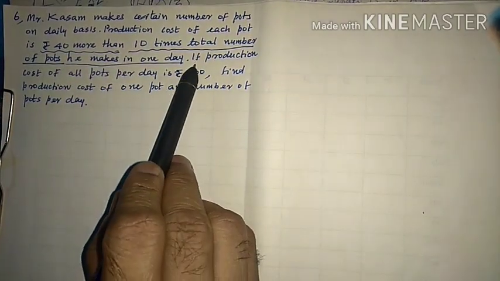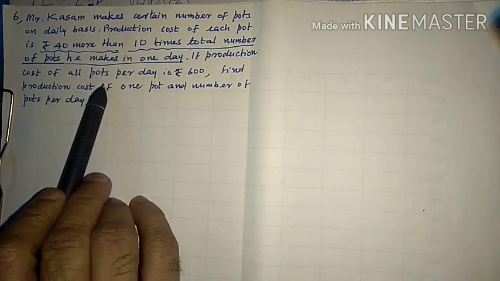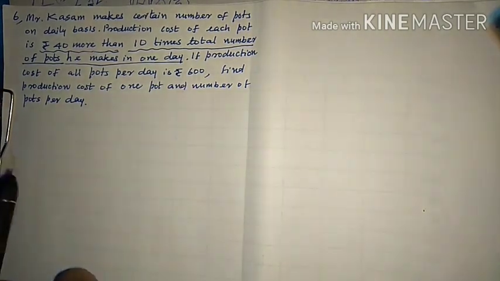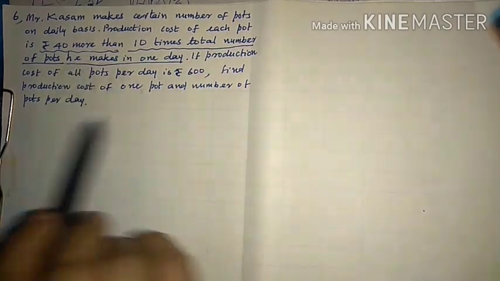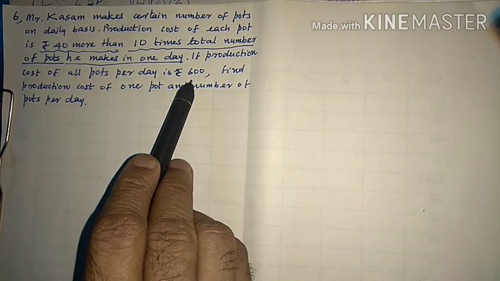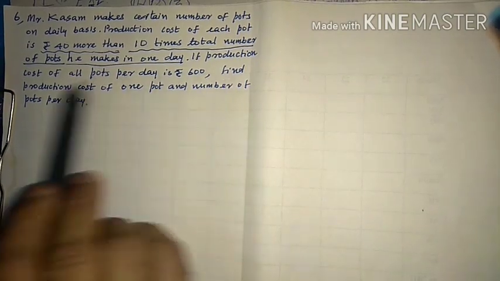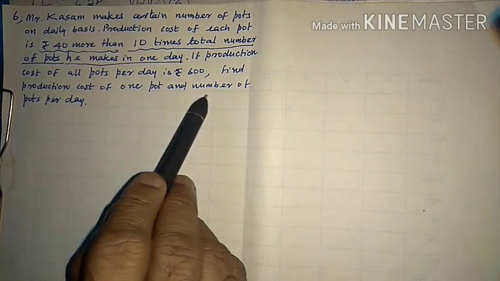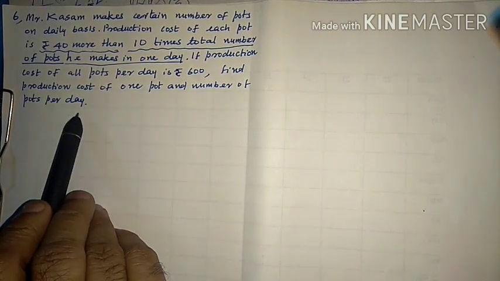Now, if the production cost of all pots per day is rupees 600, totally how many pots is he making? Cost of production of all those together is rupees 600. Then find the production cost of one pot and the number of pots he makes per day.